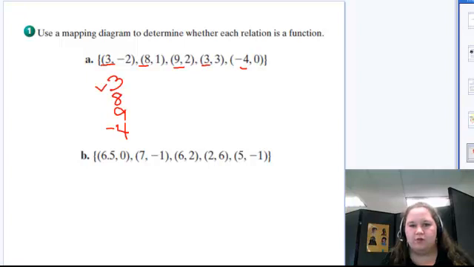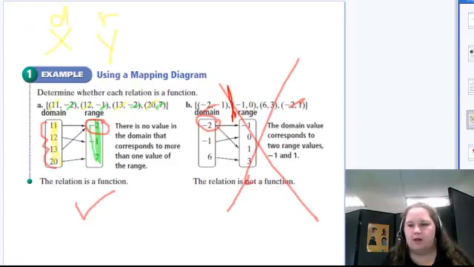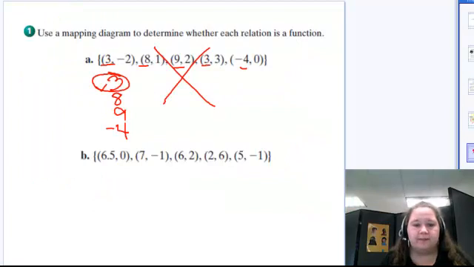Now, we already just started with our domain, and we see that we have to use 3 twice. So is this going to be a function? No. I just repeated a domain. I don't have to put the range in there to know whether it's going to be a function or not. I just have to look at the domain.